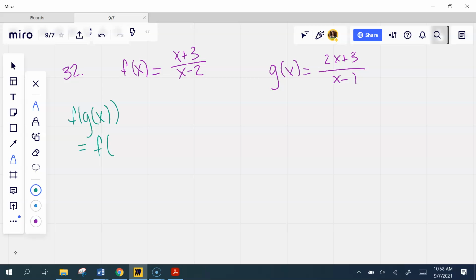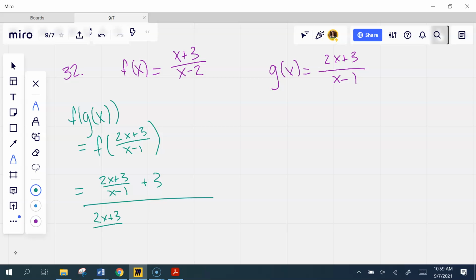All right, so this is f of (2x plus 3 over x minus 1). So it's not x, it's 2x plus 3 over x minus 1, plus 3. Don't let this intimidate you.